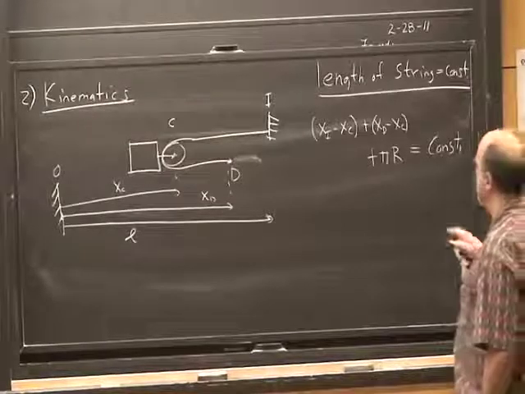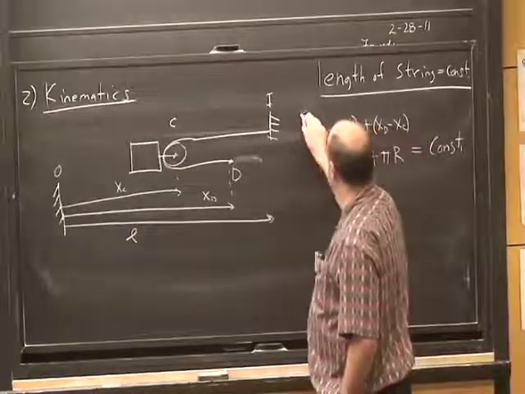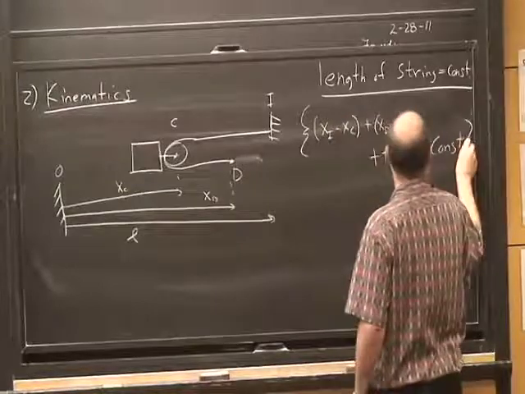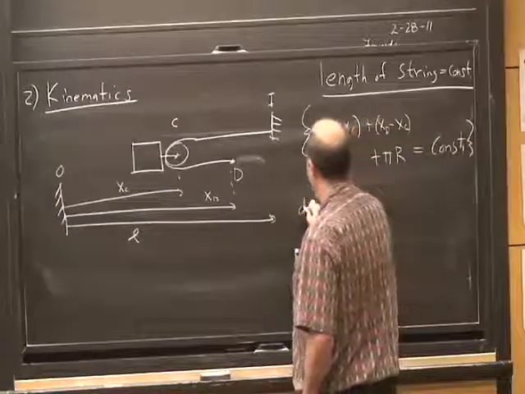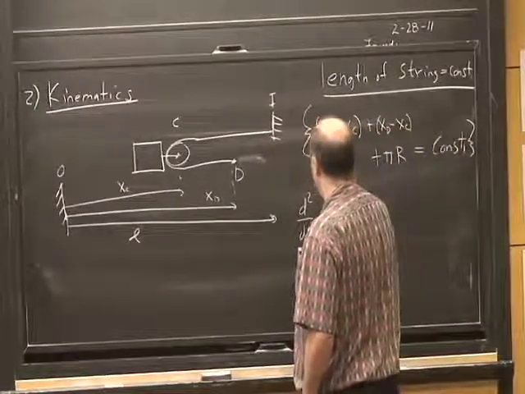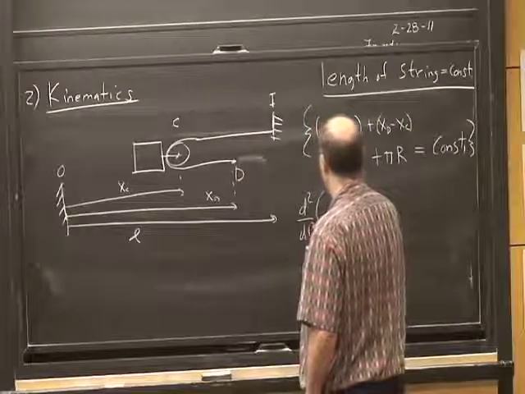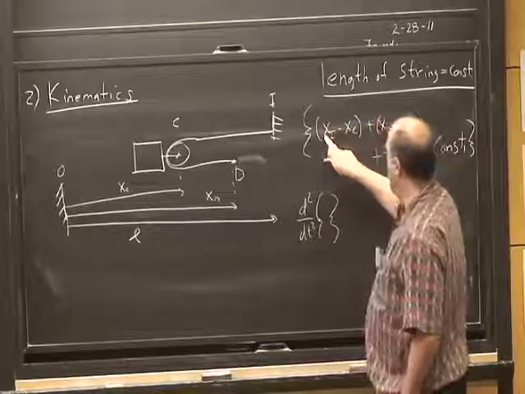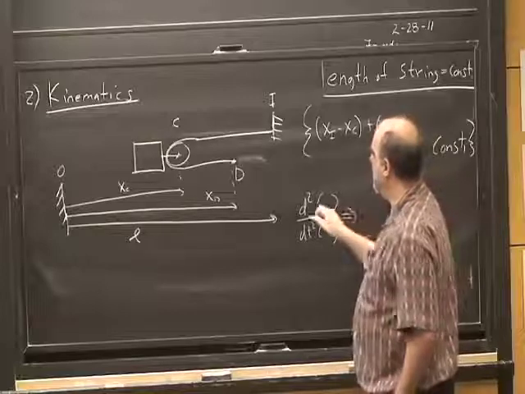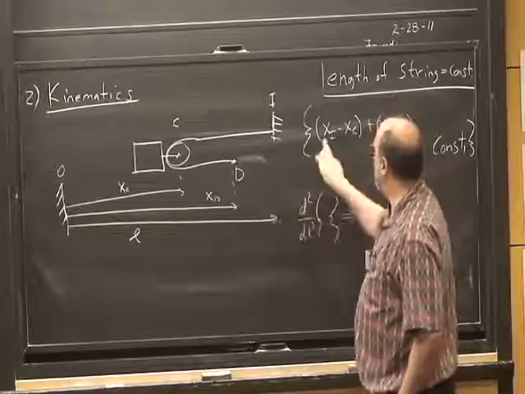Now, some of these things are constants. If we take d squared by dt squared of this whole expression, we have xi double dot, but xi is a constant.